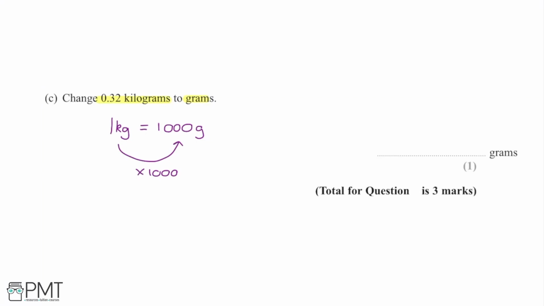And in this question, I'm changing 0.32 kilograms into grams, so I can take this 0.32 kilograms and multiply that by 1,000 to get an answer in grams. And that's going to take me to an answer of 320. So to get the mark here, I'm going to put in the answer of 320 grams.